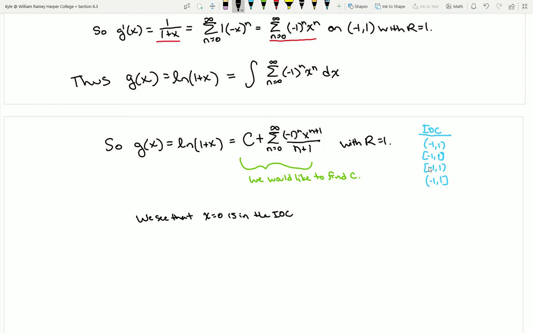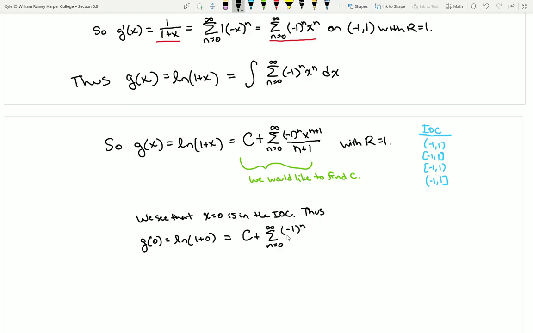Do you agree with that? Notice 0 is inside of every single one of these. So no matter which one of these is the right interval of convergence, 0 is inside. Thus, if I go to g of 0, which is natural log of 1 plus 0, that should be identical to plugging 0 in for x on the other side.